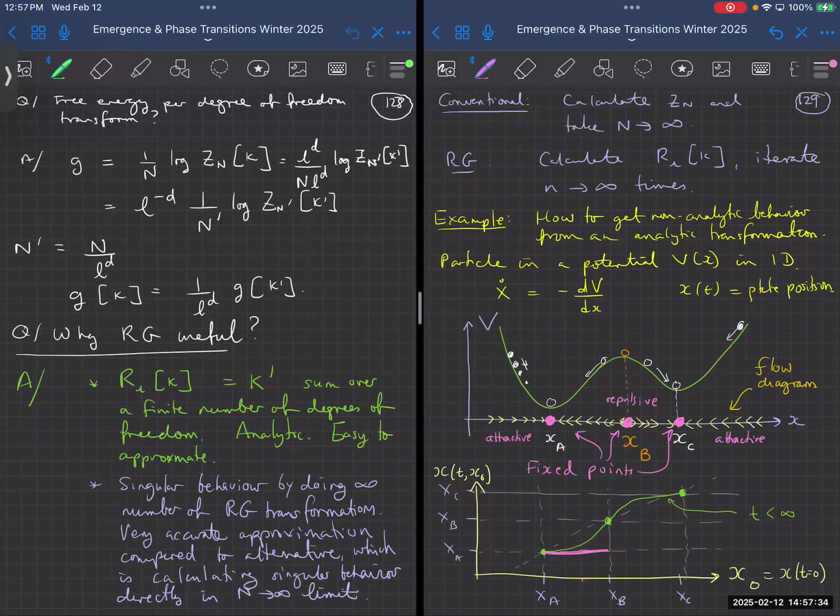And then anything to the right of that, I'm going to end up at xc. So this function will then be discontinuous when t is equal to infinity. And the non-analyticity is this discontinuity exactly at xb.